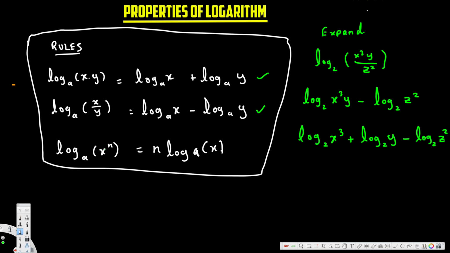When we have a power, we can move the power to the front. So here we have a power, we can move this power to the front, right? So 3 log base 2 of x plus log 2 y minus this. Here also we have a power, we can move the power to the front. So this is going to be 2 log 2 z. And that's how we expand this one, right?